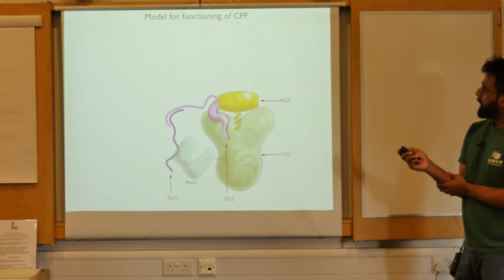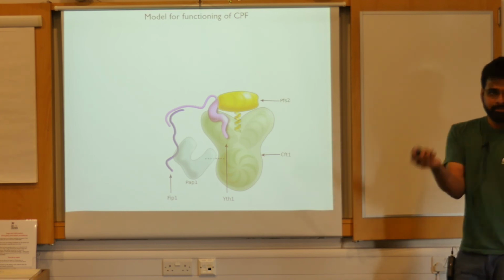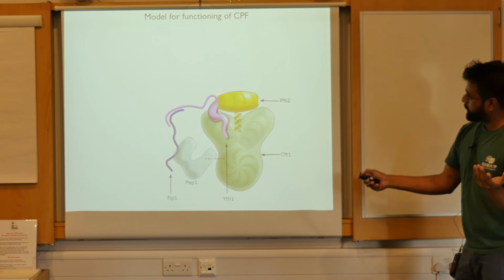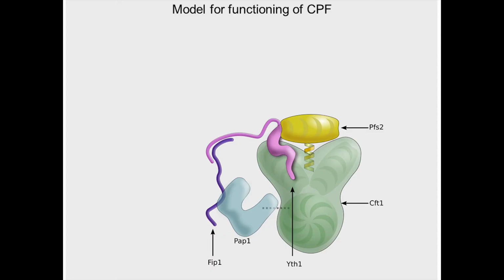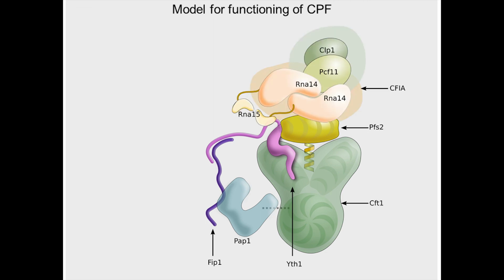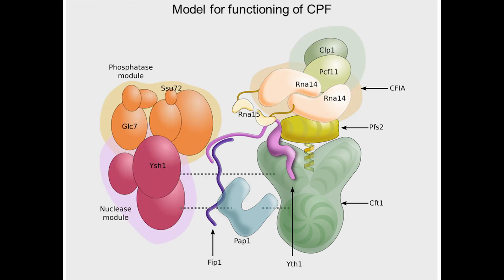So I'm going to propose a model for how CPF might function. You might be familiar with these cartoons now. These are the individual proteins of the PolyA module and how they interact. Because of time limitations, I didn't talk about a few other complexes such as the cleavage factors and the other part of CPF.